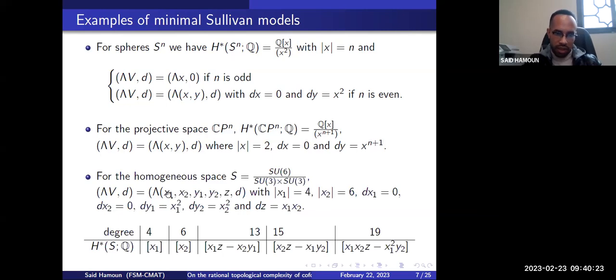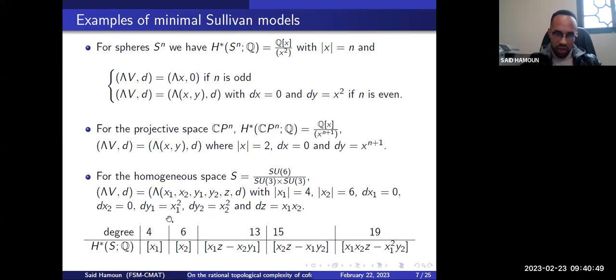The last example is so important for our study. It is about the homogeneous space SU(6) over SU(3) times SU(3), whose Sullivan model is given by Λ(x1, x2, y1, y2, z), where x1 and x2 are cocycles of degree respectively 4 and 6.